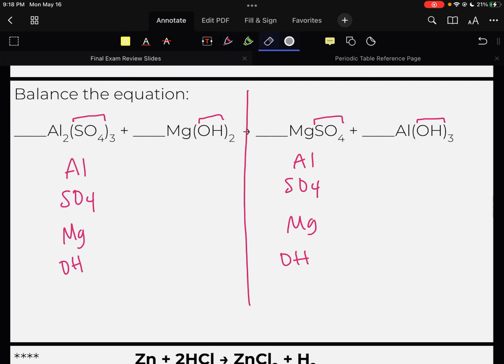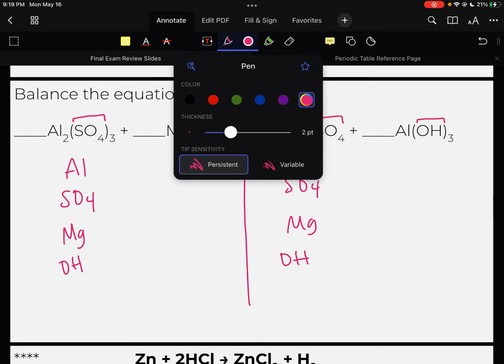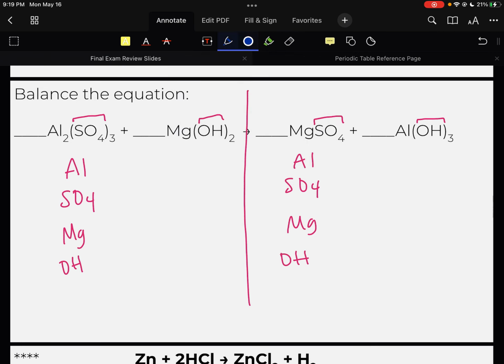And then I like to draw a line down the middle so I can keep everything separate, and I'm not accidentally counting things on the wrong side. So aluminum, I'm just going to look at my little number, 2, SO4, little number, 3, magnesium, remember invisible, 1, and then OH, there's 2.